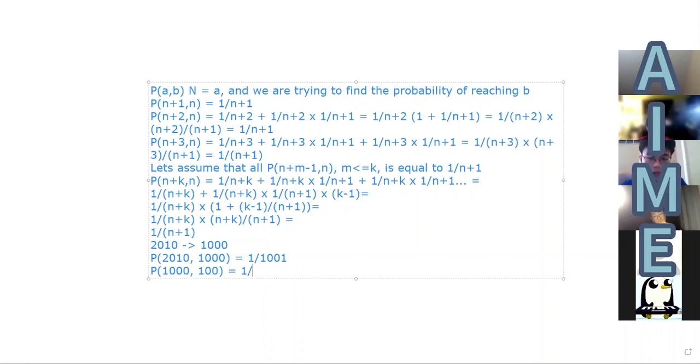This is equal to 1 over 101. And then we multiply the probability of 100 to 10, and this is equal to 1 over 11. And the probability of 10 to 1 is equal to 1 over 2.